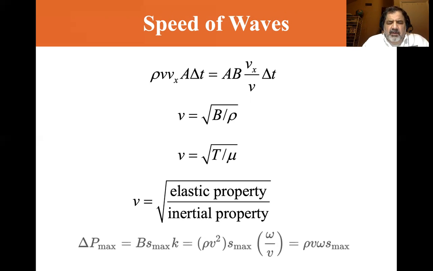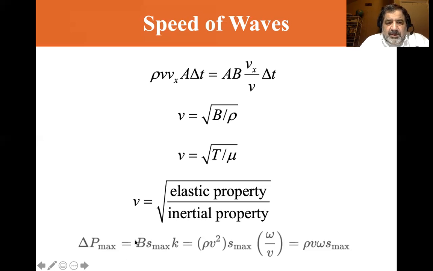Well, if you multiply top and bottom by the frequency, 2 pi f is equal to omega, and lambda times f is equal to the velocity. In other words, if you square both sides here, you have v squared is equal to B divided by the density. So B is equal to v squared times the density.